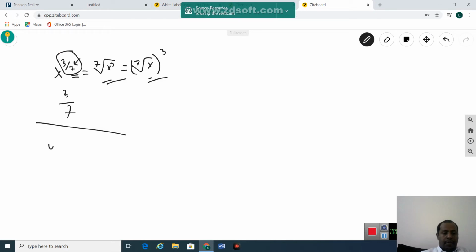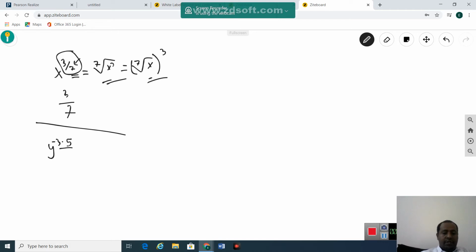So y to the power of negative 3.5. Okay, in order to convert this decimal exponent to radical form, our first step should be we need to change the decimal to rational expression.